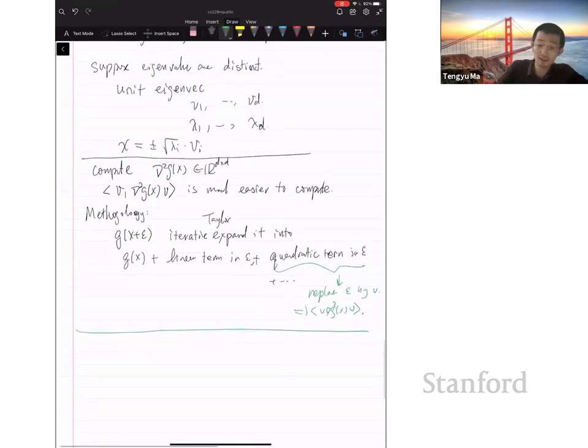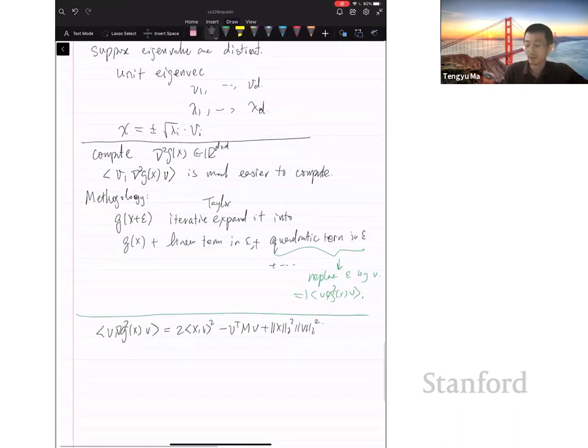So if you apply this kind of technique, you can get the Hessian like this. So the quadratic form of the Hessian is equal to something like this. I guess you can see that here I'm not writing out a representation or characterization of what the Hessian is, right?